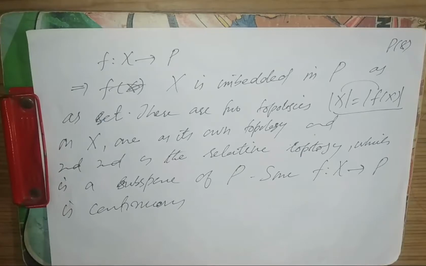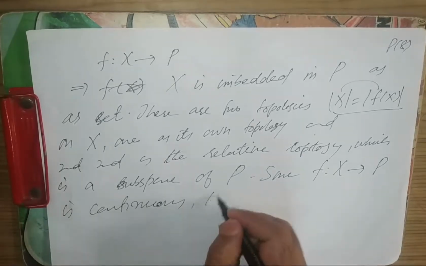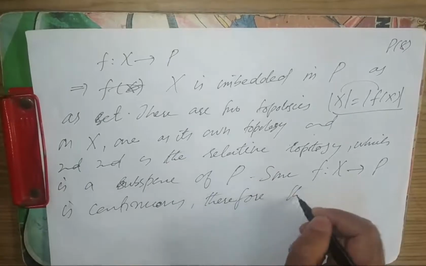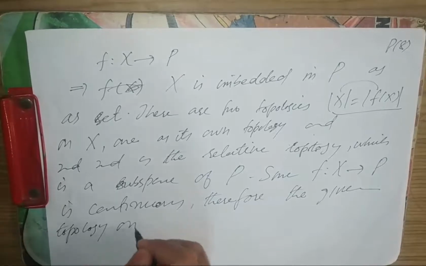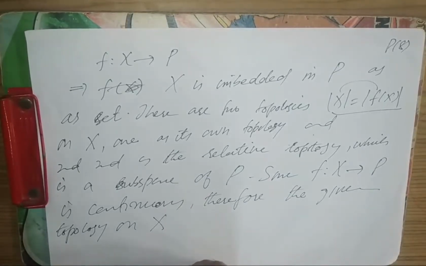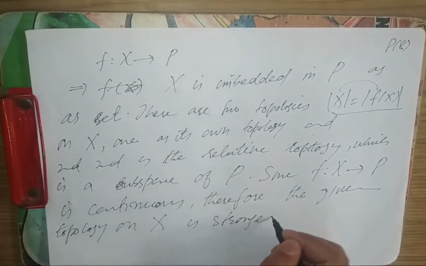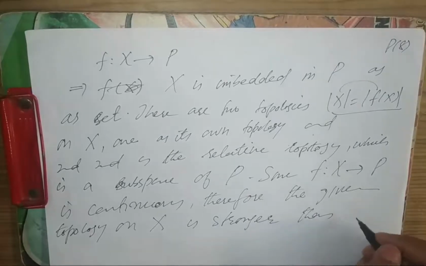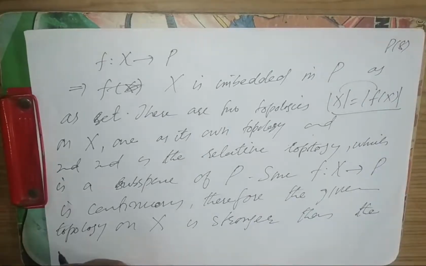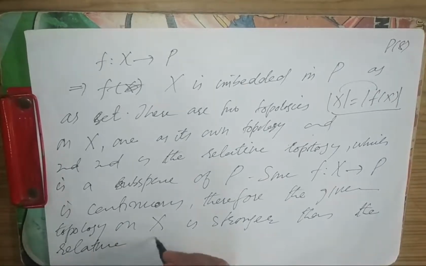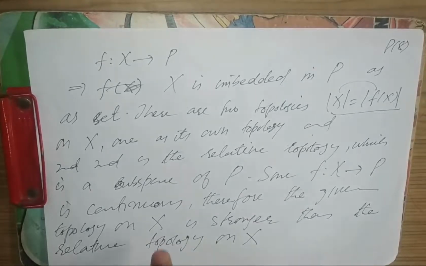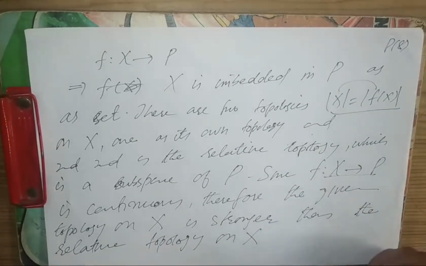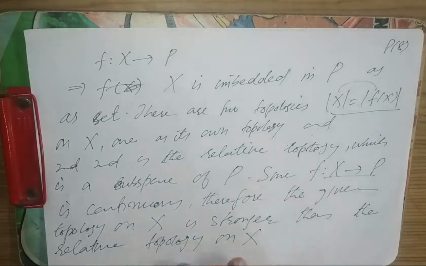Therefore, the given topology on X is stronger than the relative topology on X, because the given topology on X makes this f a continuous function, and the relative topology is actually the smallest topology.